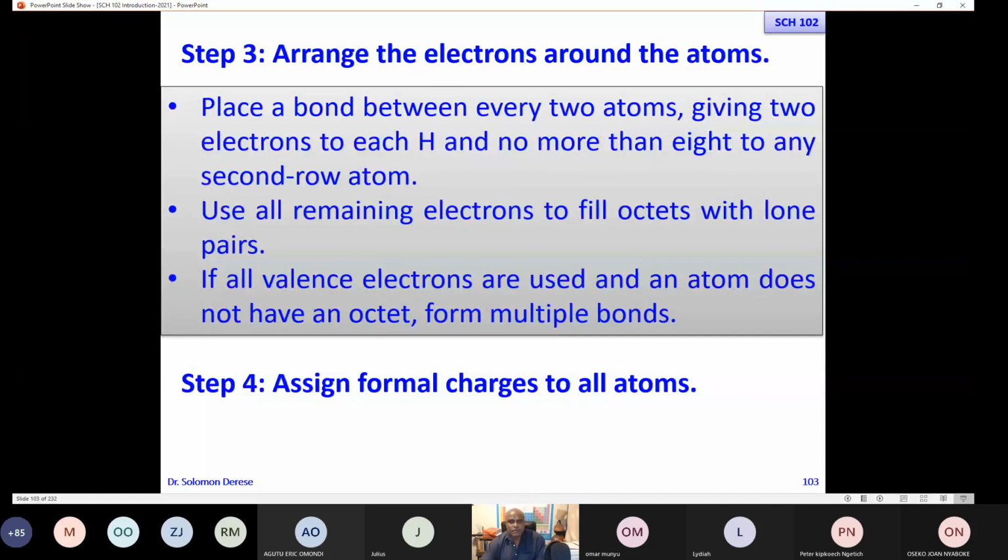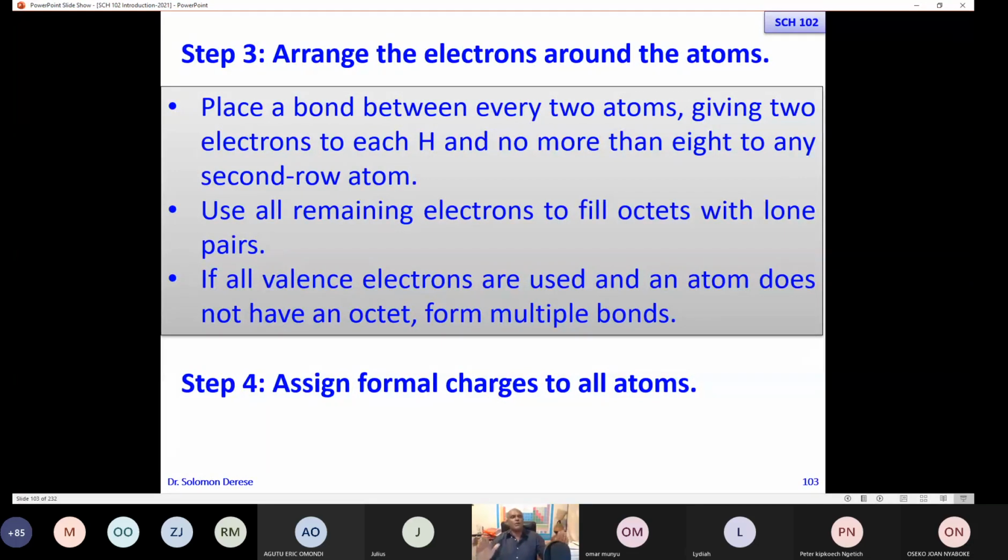When you assign formal charge, you will be determining the charge on the sulfur and the charge on the oxygen, to determine which of the elements in this ion contributed to the -2 charge. You have to assign formal charge to all the atoms.